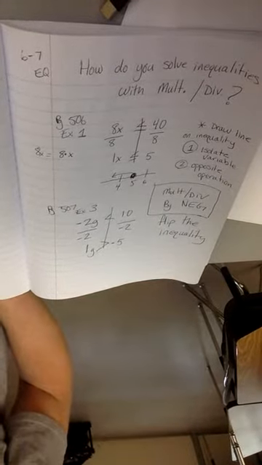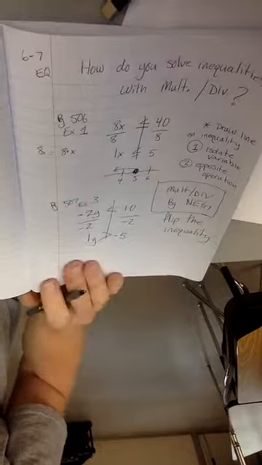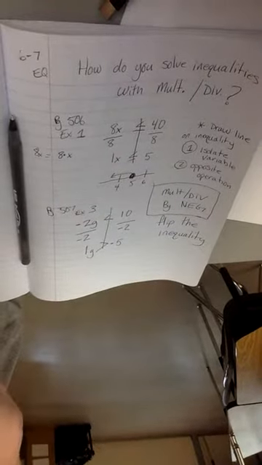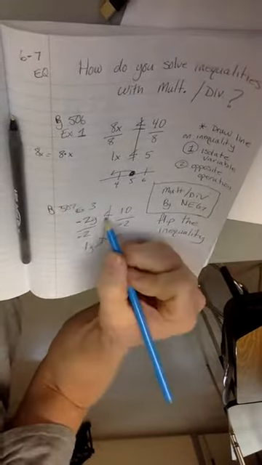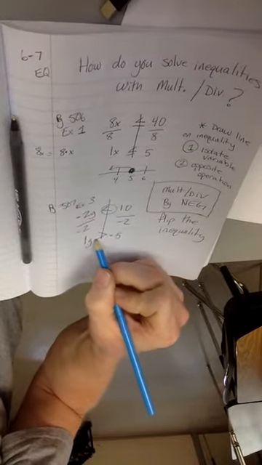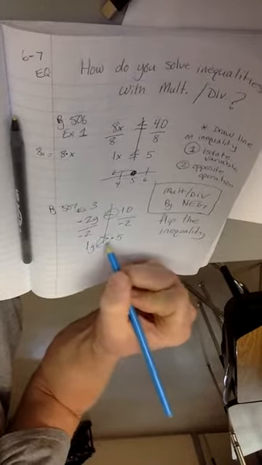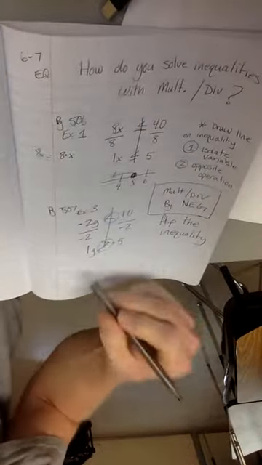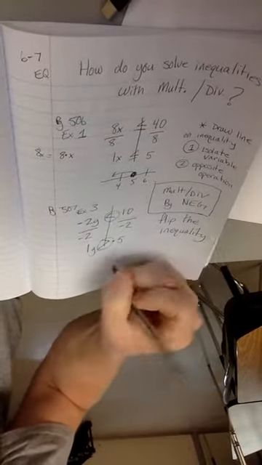That's really all it comes down to, and that's the major difference between everything we've done in this lesson and in prior lessons. We divided by a negative, so we have to flip this from less than to greater than. So 1g is greater than a negative 5.